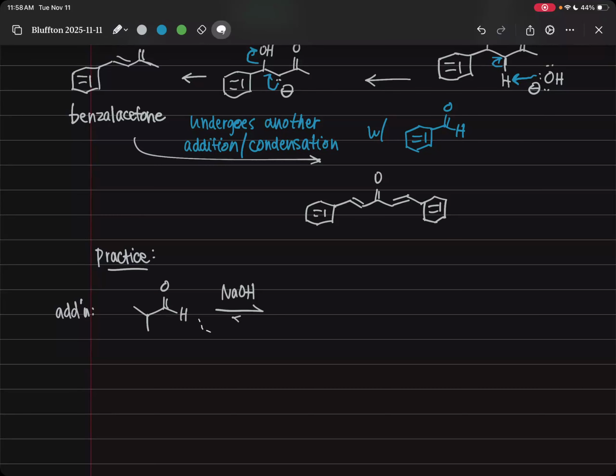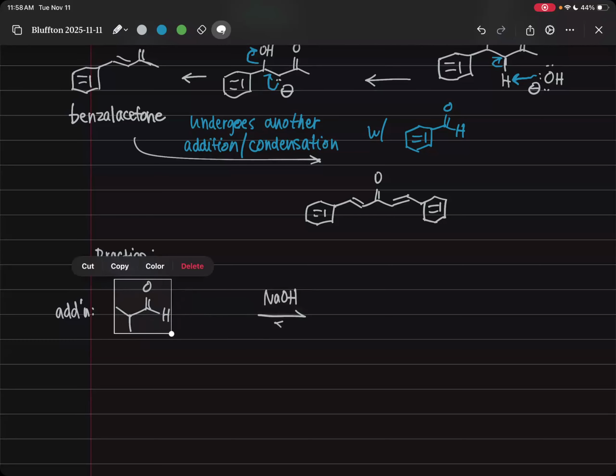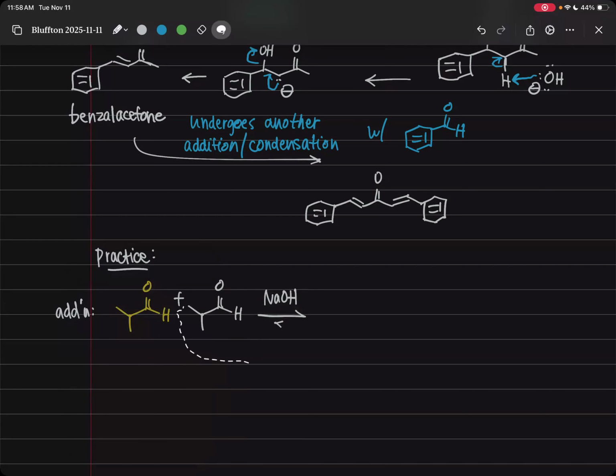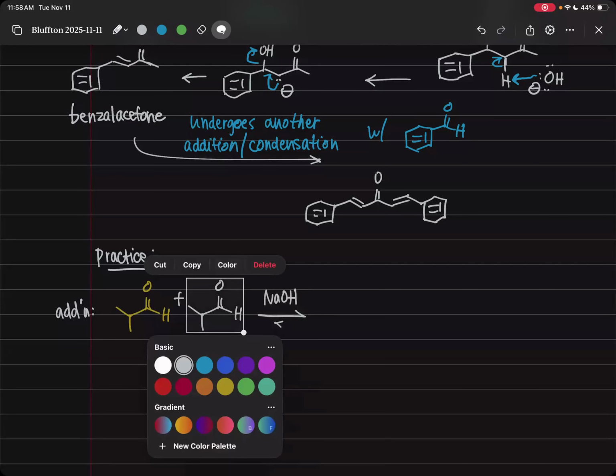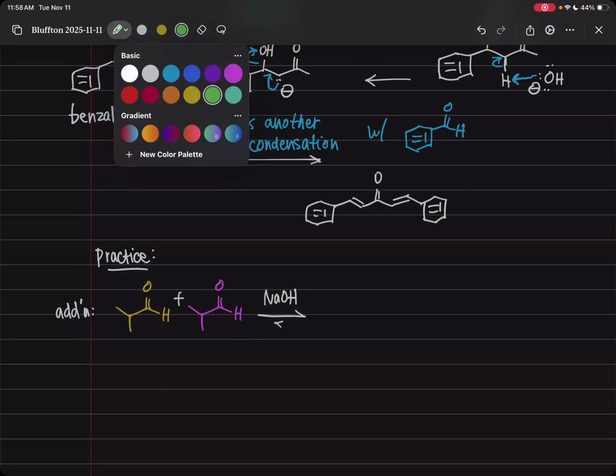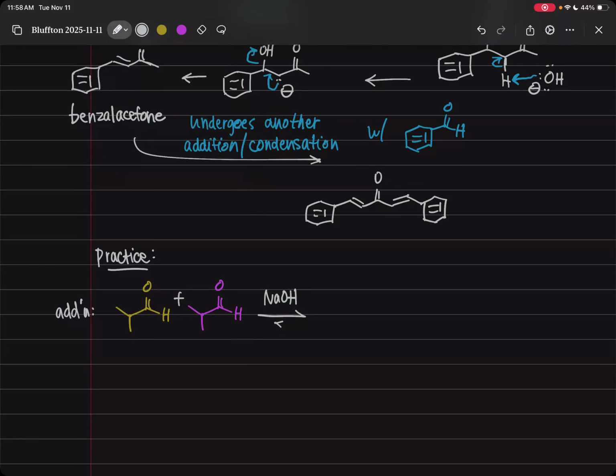If you like, you could draw it like that, or draw two equivalents. Hopefully you have a puke yellow pen and a pink pen for those. What will the aldol addition product of those two be?